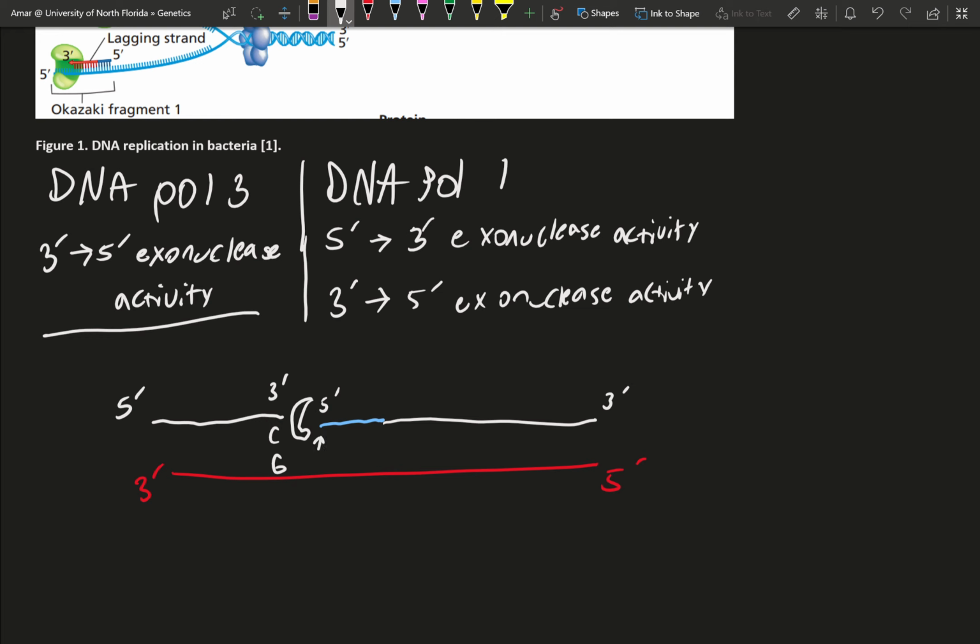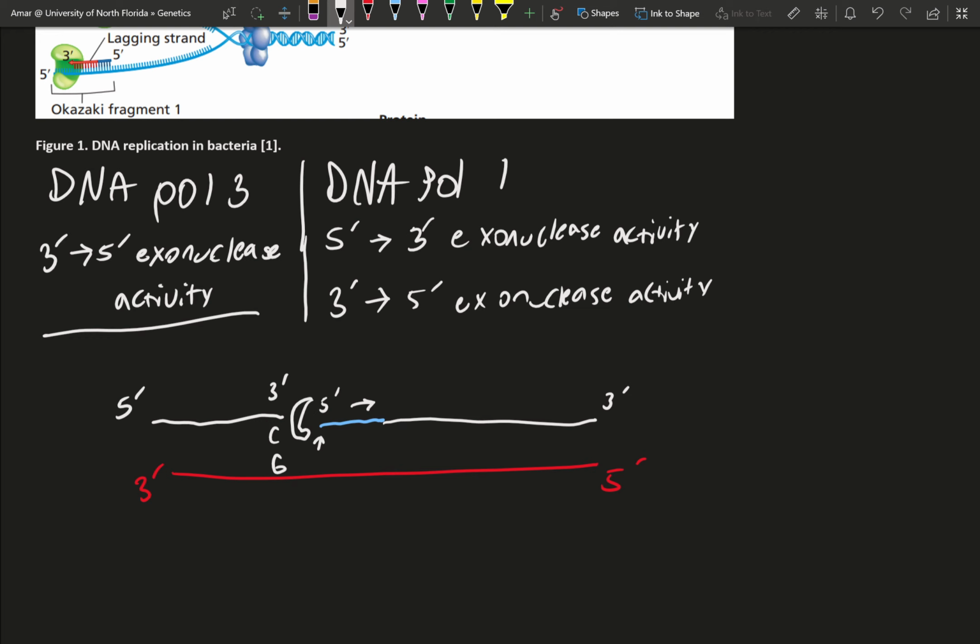That's what DNA polymerase 1 is going to be looking at on the lagging strand. It's going to sense that you have an incorrect base pair on the 5' phosphodiester bond, or it's going to sense that there's RNA. So basically, this DNA polymerase 1 can remove that section of RNA going from 5 to 3', and that'll be the difference between those two.